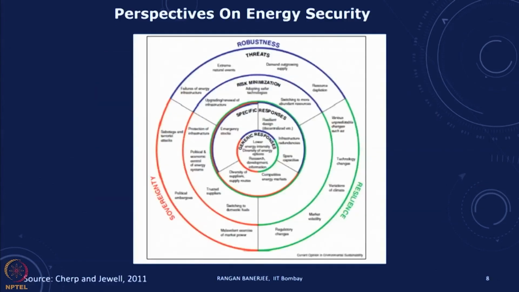If you look at India and we look at oil, a significant proportion of our energy use is based on oil, and our oil production has more or less stagnated between 30 to 40 million tons per year. Most of the growth in oil is coming from imports.